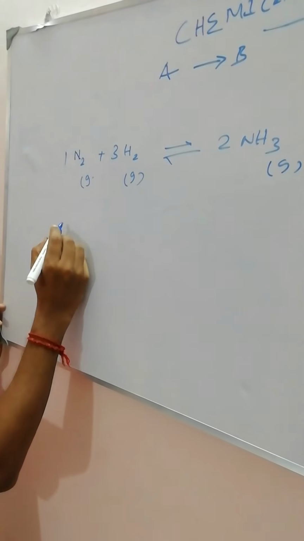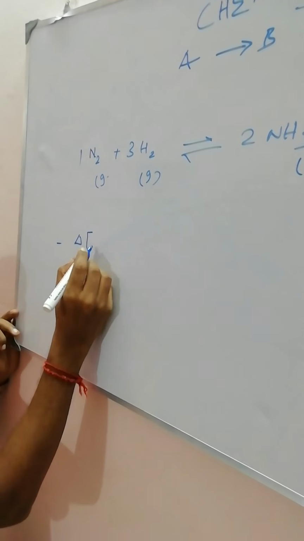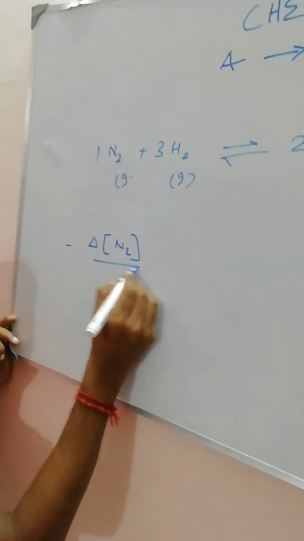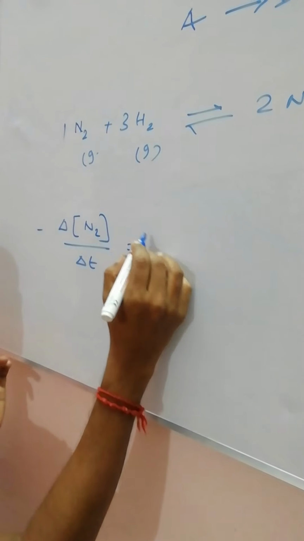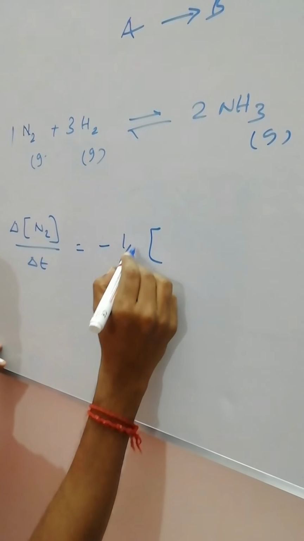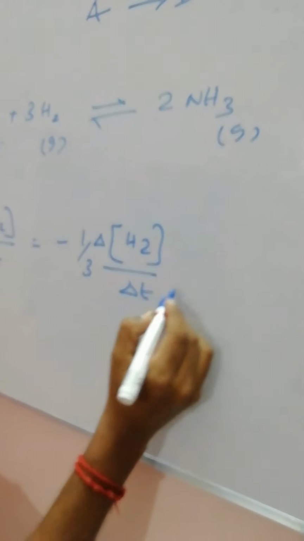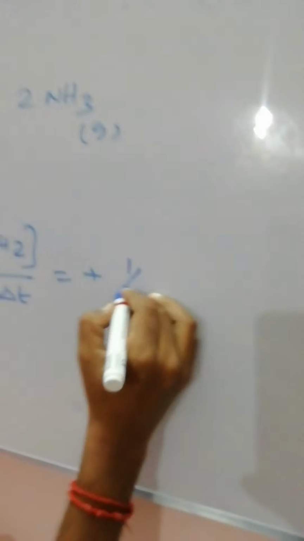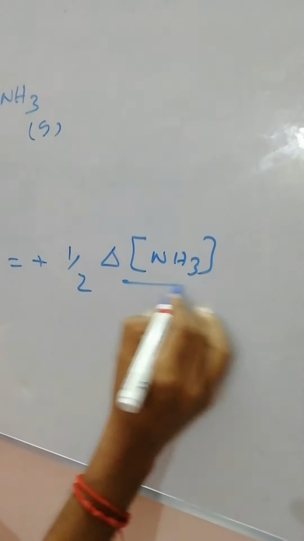Let us see how to write it: minus delta N2 by delta T, here the coefficient is one, so 1 by 1. Next is minus 1 by 3 delta H2 by delta T is equal to plus 1 by 2 delta ammonia by delta T.